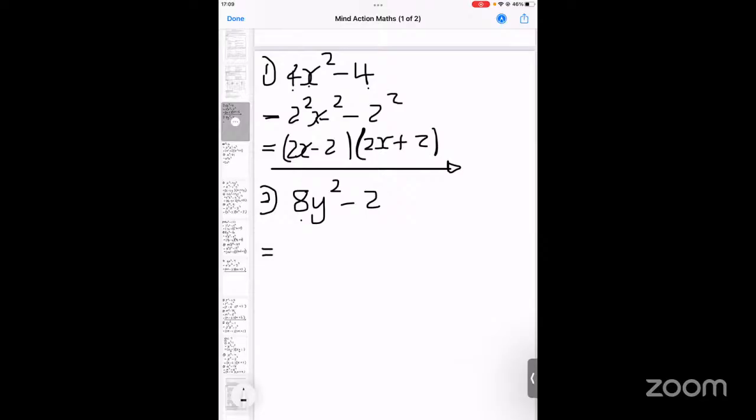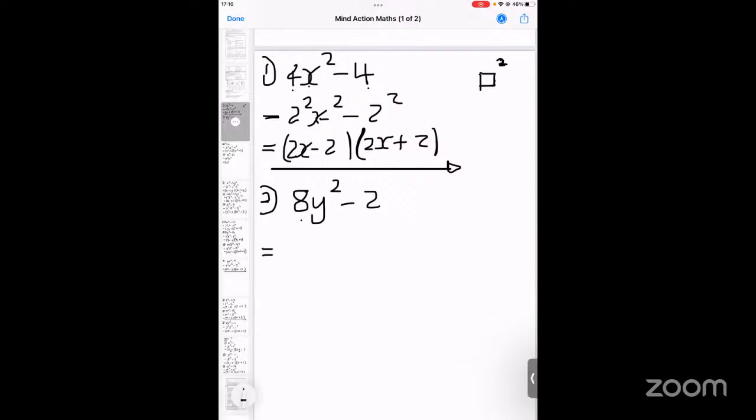Yes, sir. What will it be? 2 to the power of 3. You see, so when I say something squared, I mean base, and then the power. It must always be 2 as your power. Can you see, Grace? Yes, sir.